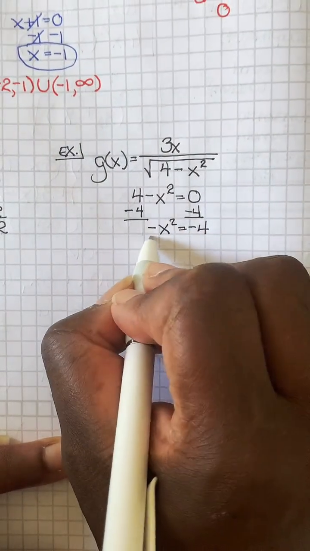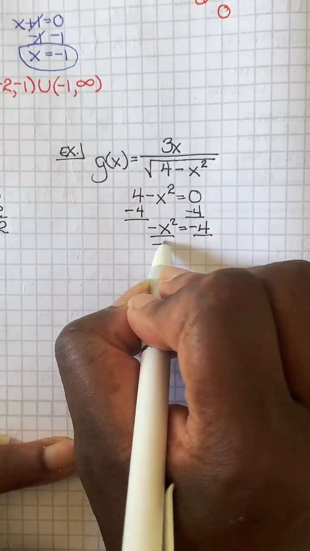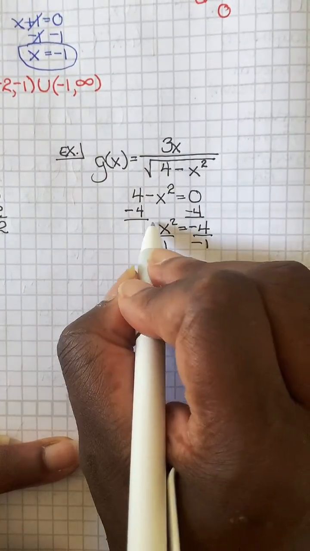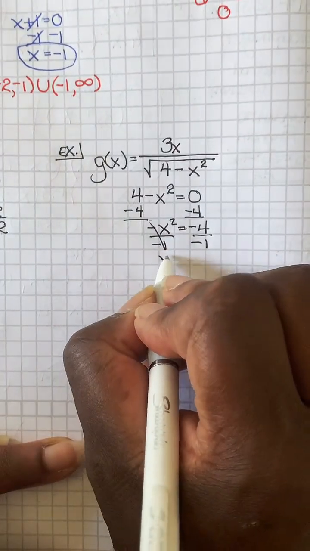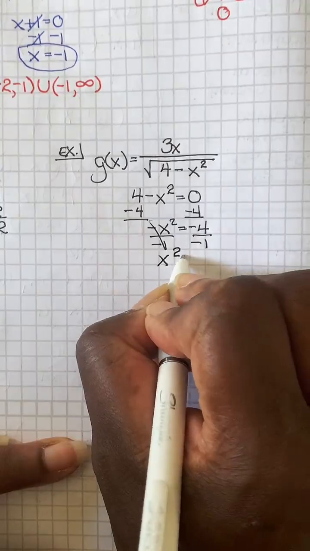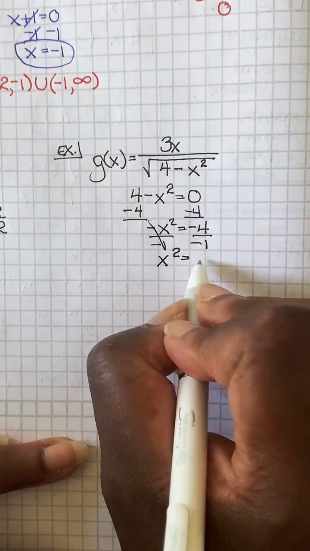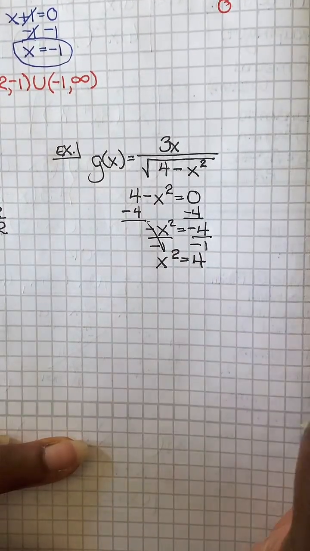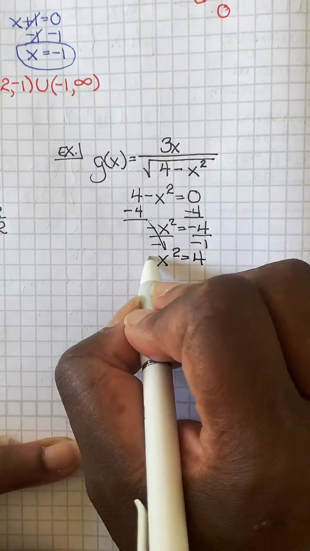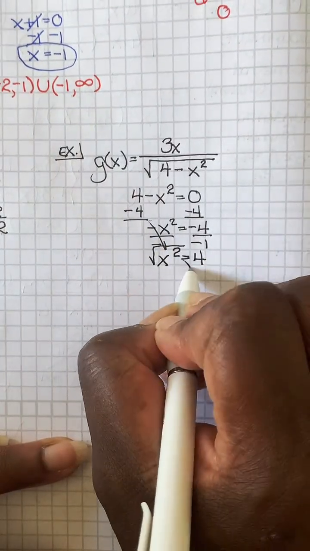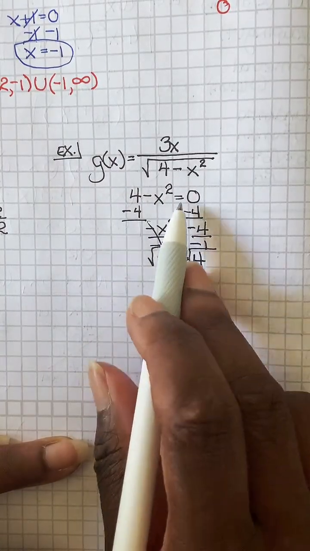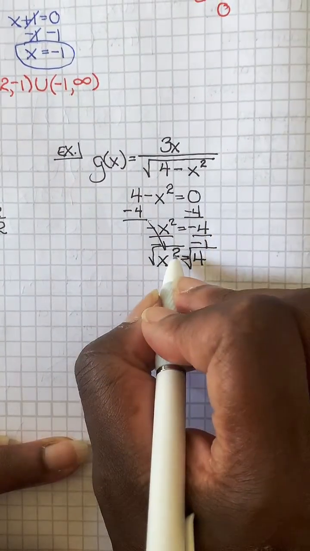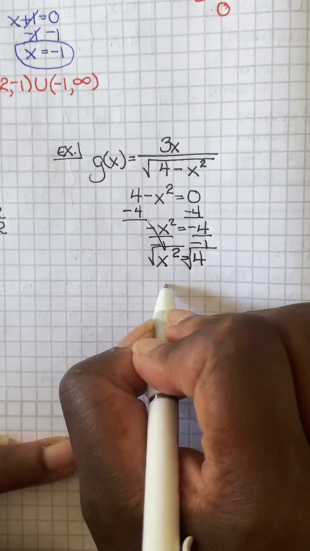There you go. Good. Negative 1, we're going to divide both sides because we want to get rid of that negative in front of the x squared. And negative 4 divided by negative 1 gives me a positive 4. So now I have to do the square root. Remember, the opposite of a square is a square root.